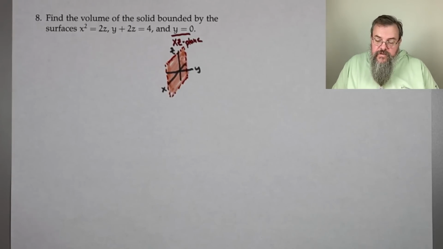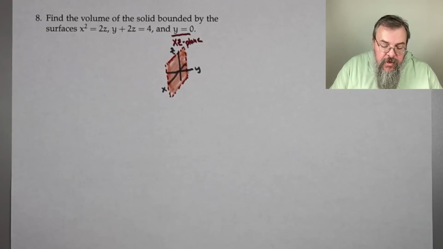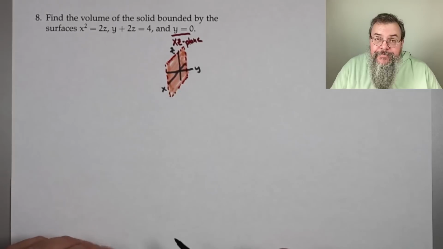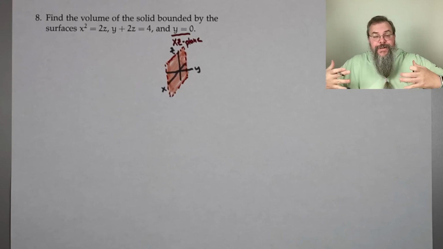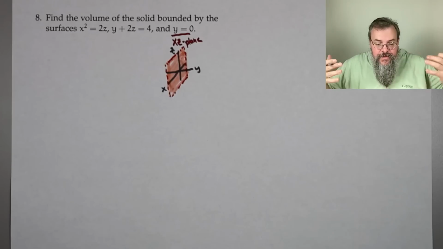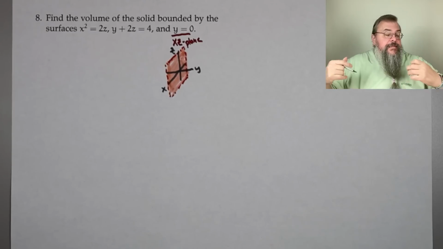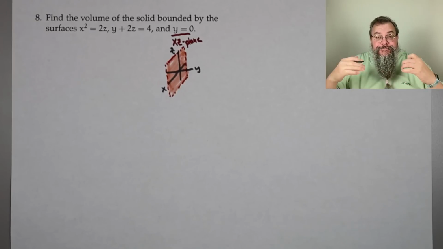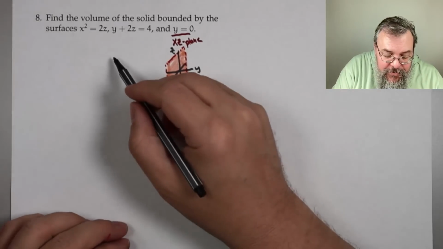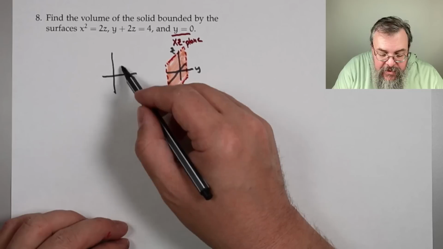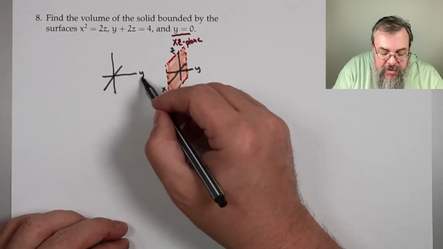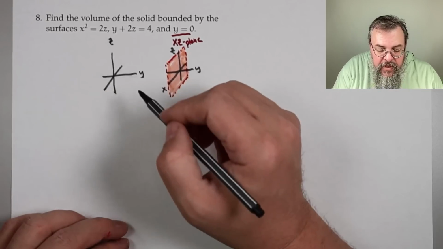Now y plus 2z equals 4. Let's see, what would that look like? Well, notice there's no x. That's actually to our advantage. When there's a variable missing, it's like draw the two-dimensional thing, one variable less, and copy. So think about what would happen in just y and z.